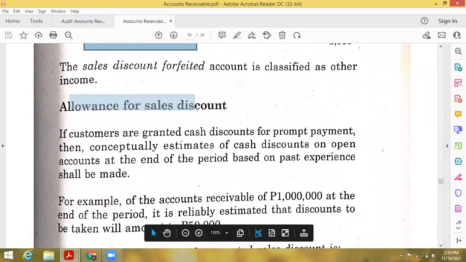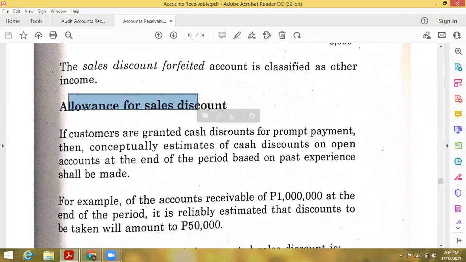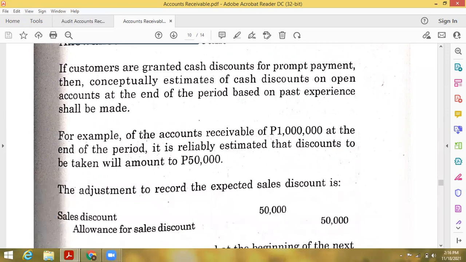Allowance for sales discount. If a customer is granted cash discount for prompt payment, then conceptually estimates of cash discount on open accounts at the end of the period based on past experience shall be made. So, pwede na daw tayo mag-estimate kung lagi namang nag-avail ng discount sa atin.